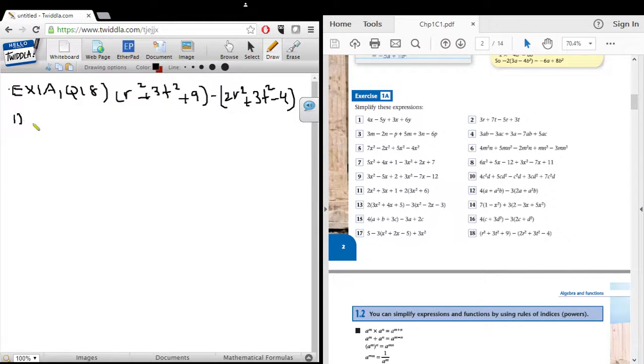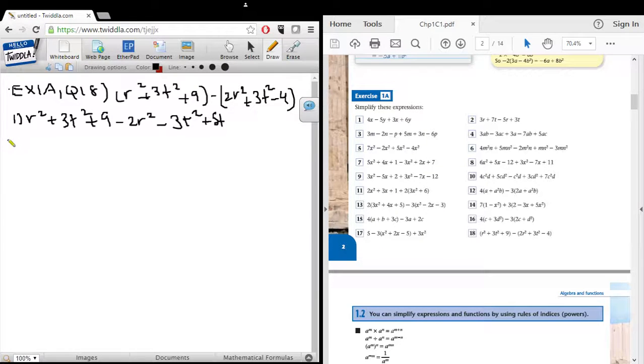So if we start from step 1, see that r squared plus 3t squared plus 9, and the second bracket needs to be negativized in order for the terms to be released. So we have minus 2r squared minus 3t squared plus 4.